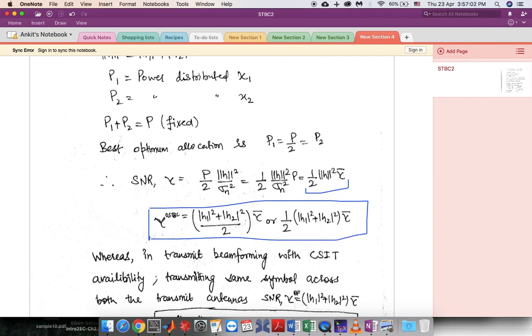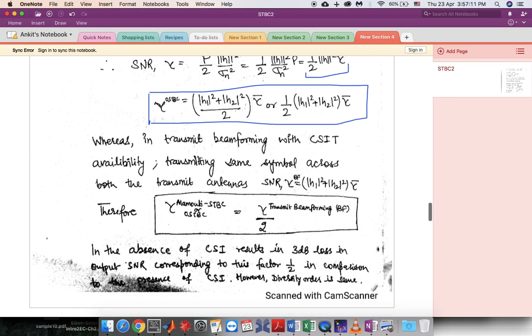It is quite similar to our transmit beamforming SNR, when we have the channel state information at the transmitter, which looks like this: mod of h1 square plus mod of h2 square times gamma bar, right?